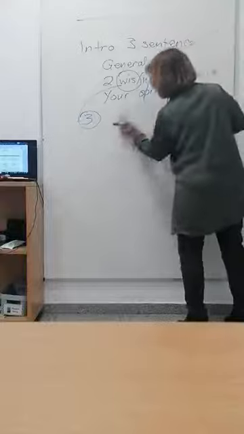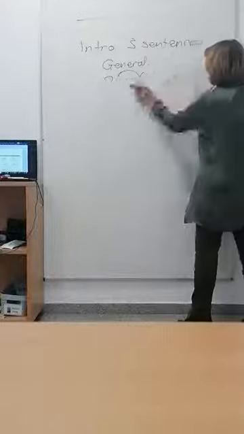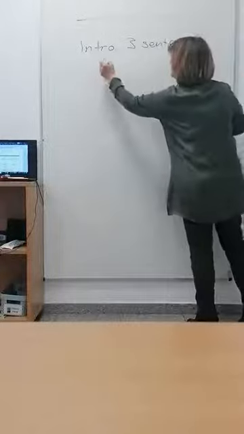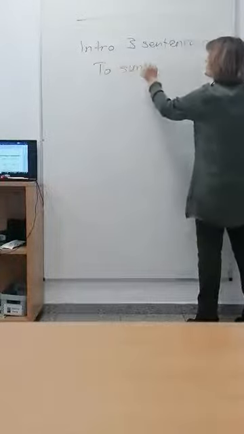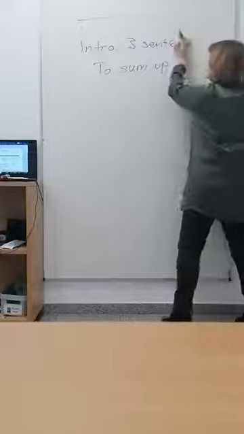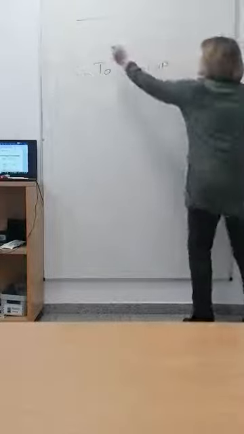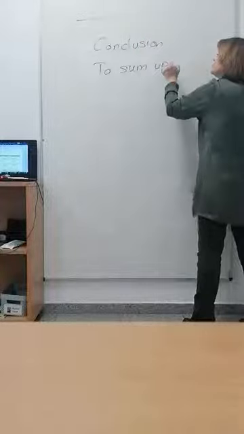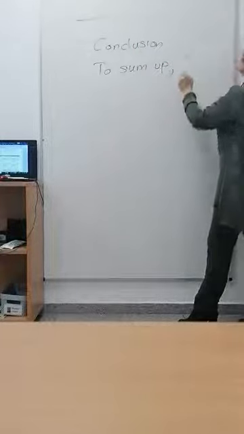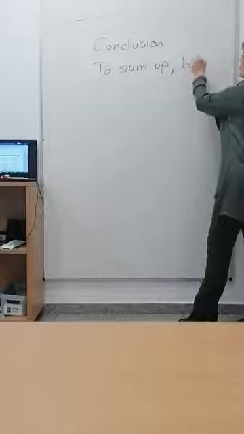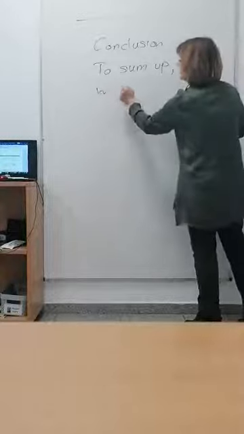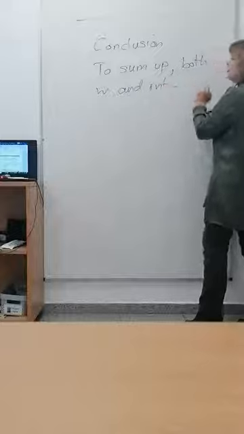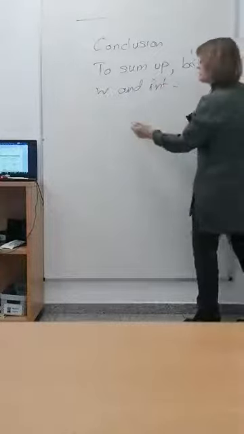Conclusion, two-sentence rule. Let's have a look at the two-sentence rule again. To sum up, both wisdom and intelligence are important qualities, or something along those lines.